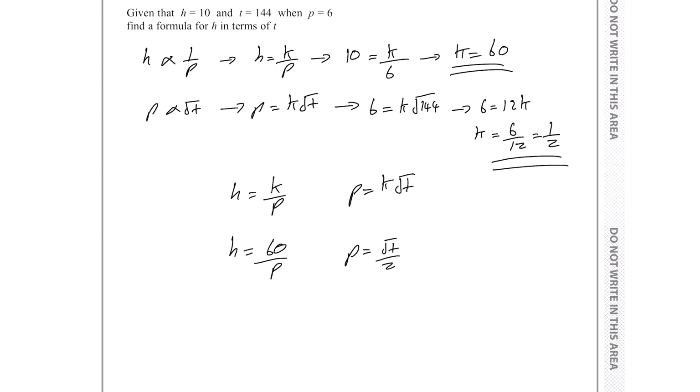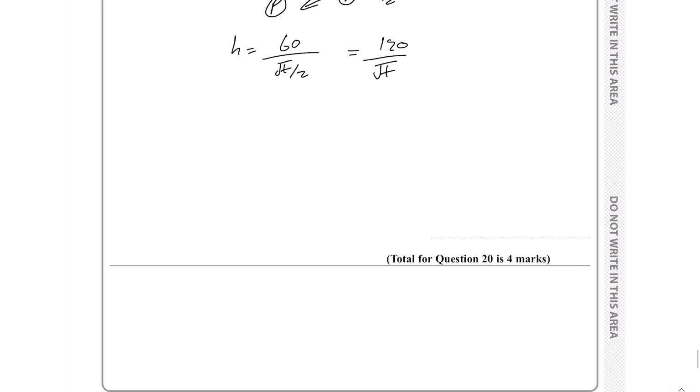So now it wants a formula for h, so that means h is equal to something. I know what p is, so I can sub that p into there, so that becomes h is equal to 60 over root t over 2, and that can be written as 120 over root t. So h is equal to 120 over root t can be a formula there.